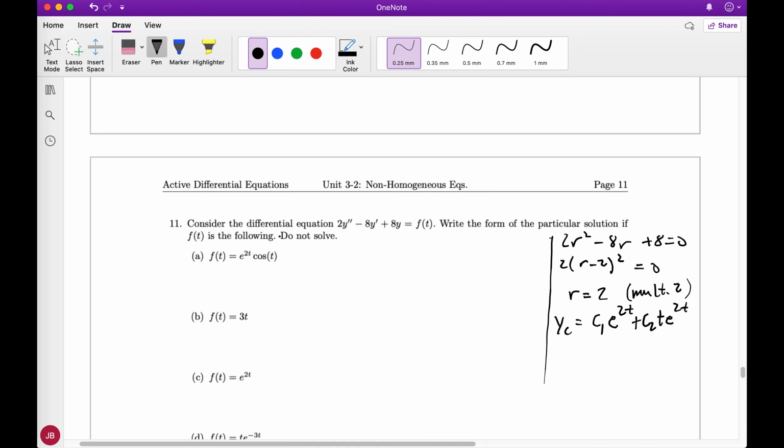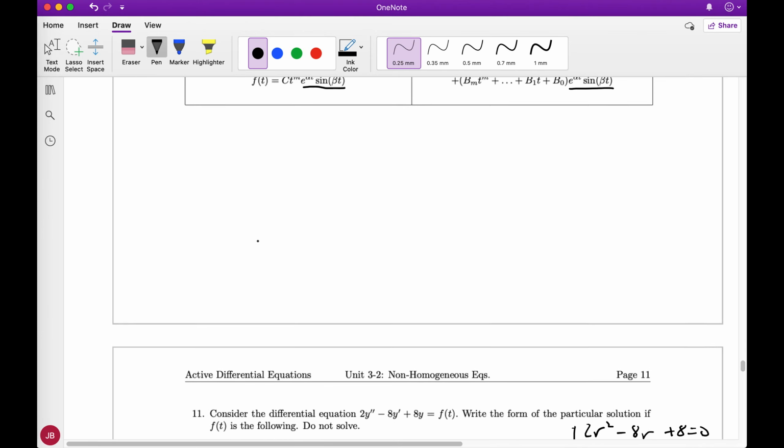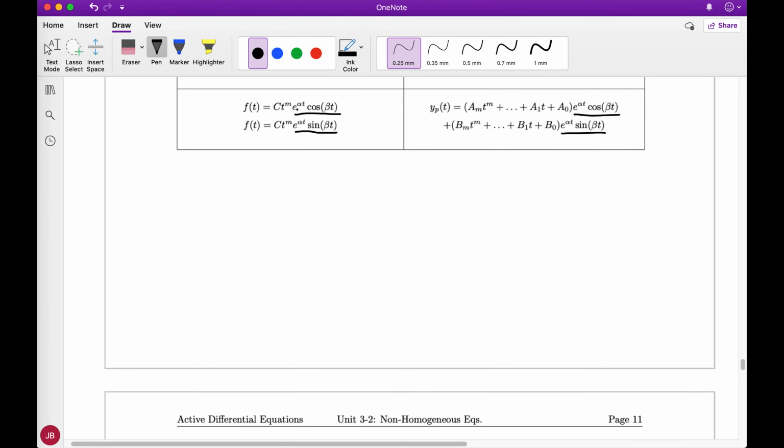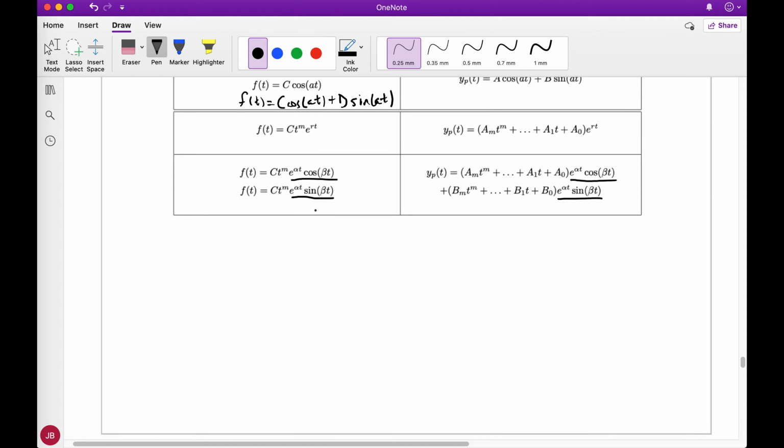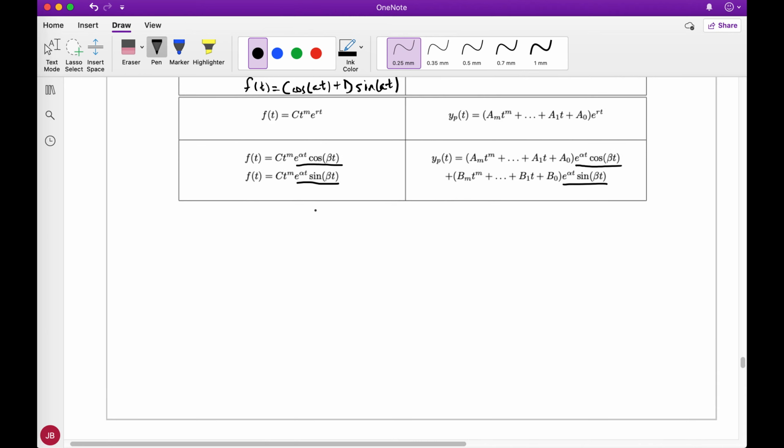All right, here's our right-hand side now. We're going to pretend the right-hand side looks like e to the 2t cos t. Looking up at our table, in this case m is 0, so it'll be e to the 2t cos t, but since m is 0, we just get a constant term.